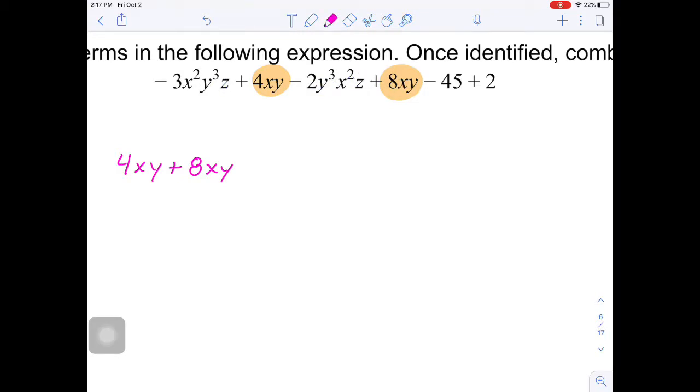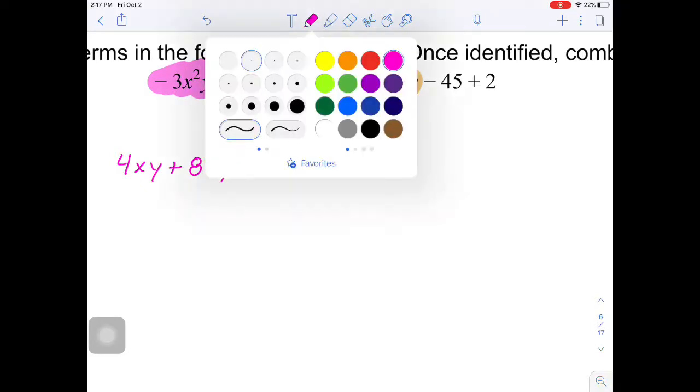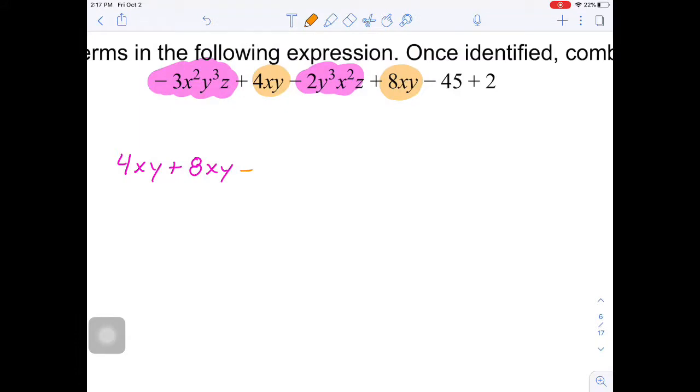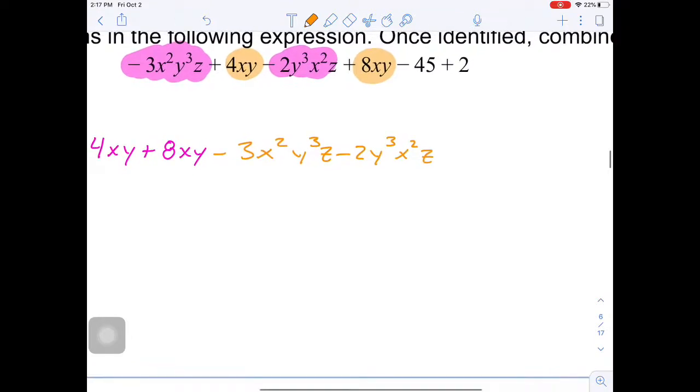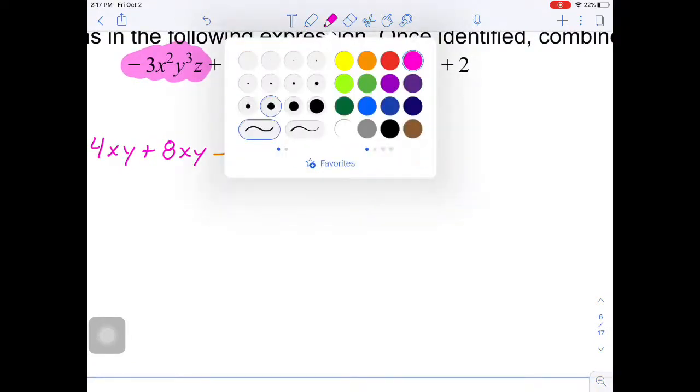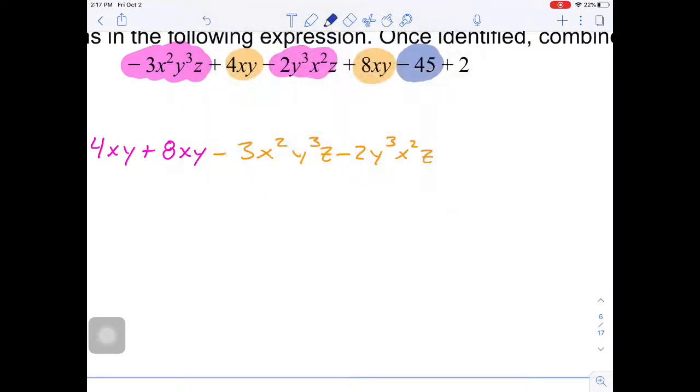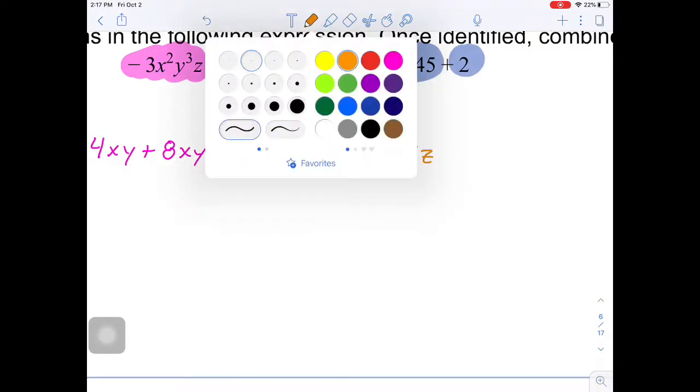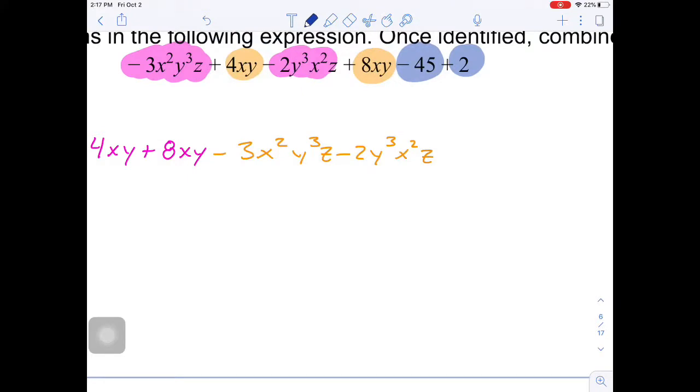So these things are like terms. Okay, and I'm going to write those in a different way, but this is minus 3x squared y cubed z minus 2y cubed x squared z. And then finally, of course, these are technically like terms because they have the exact same thing going on, right? They're both just constants. So minus 45 plus 2.